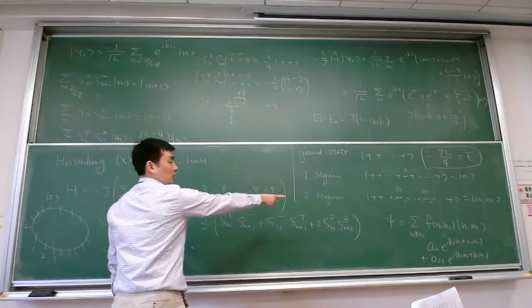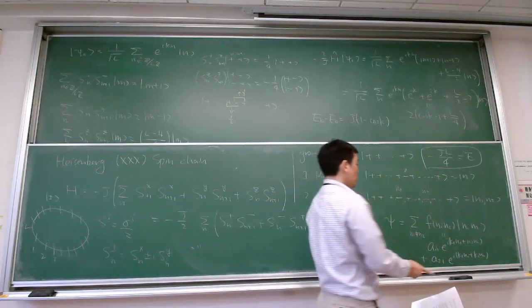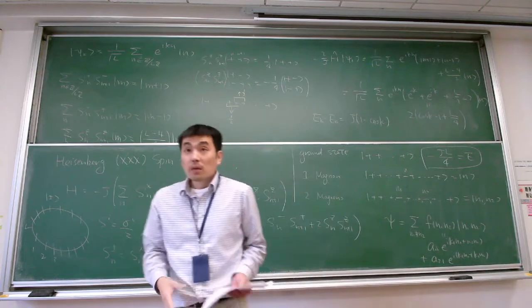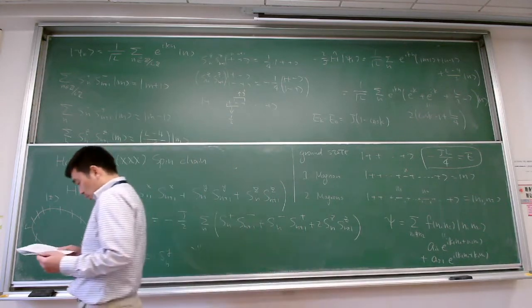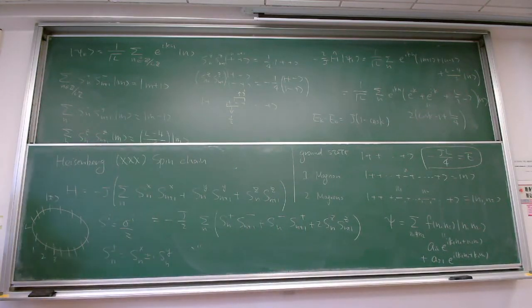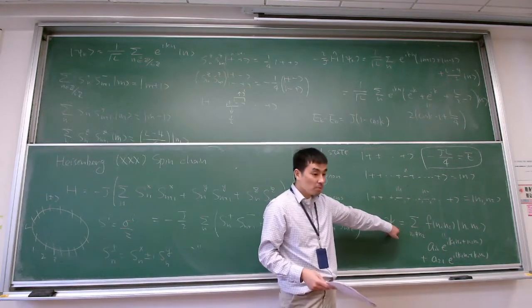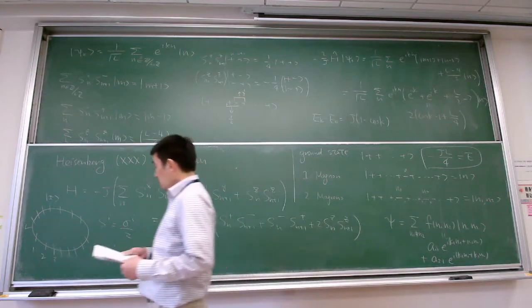So let's go to the linear combination of two magnons and assume this. It's going to be a tedious computation indeed. It's straightforward, but I have to explain it. So we just assume the linear combination of two magnons and see the spectrum.